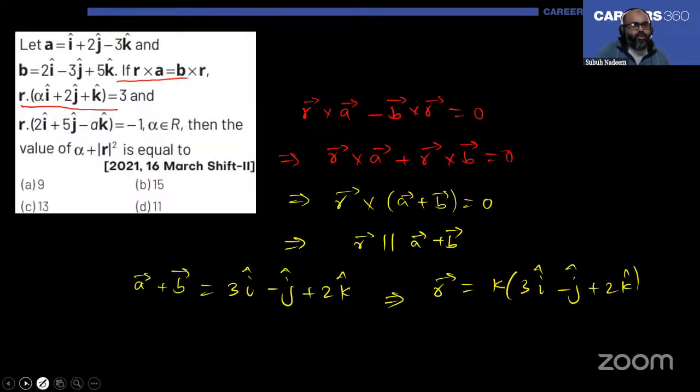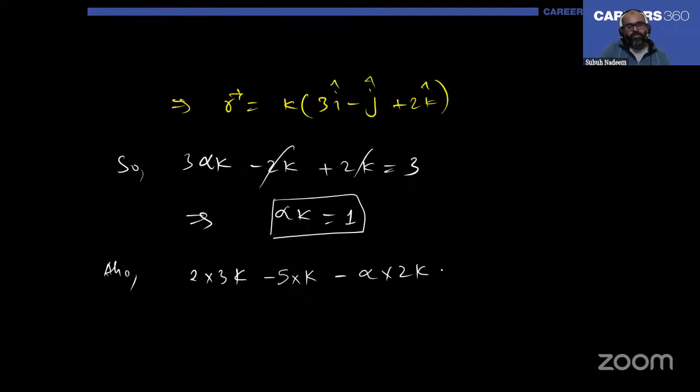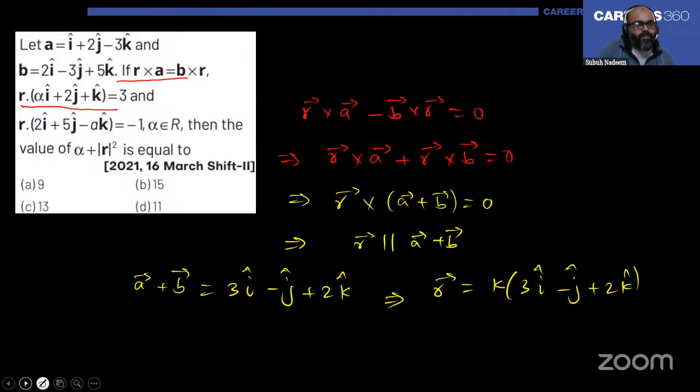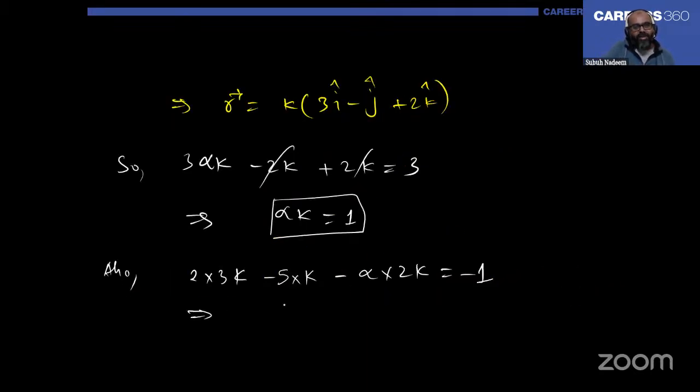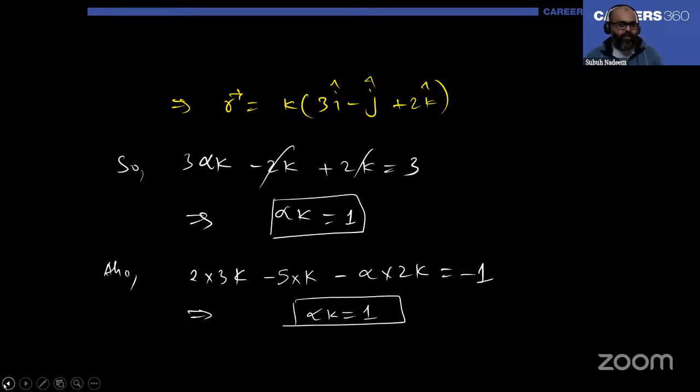And this is equal to minus 1. So what we get is 6k minus 5k is k, minus 2 alpha k is minus alpha k. So here also we are getting alpha k is equal to 1. This is also giving the same result.